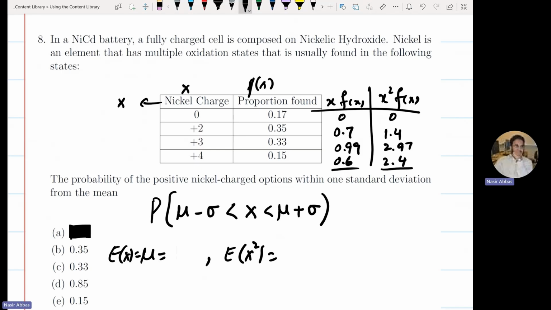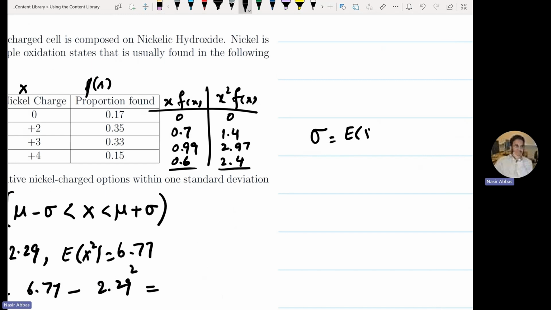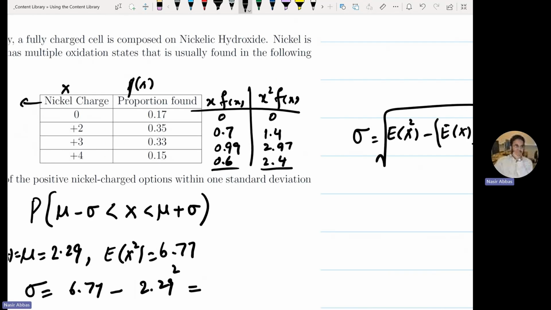The first column sum is 2.29. That's the expected value of x, the mean. The second column is 6.77. Now give me sigma, which is the square root of 6.77 minus 2.29 squared. This formula will be given to you again in the formula sheet. Sigma equals the square root of the expected value of x squared minus the expected value of x, whole squared.